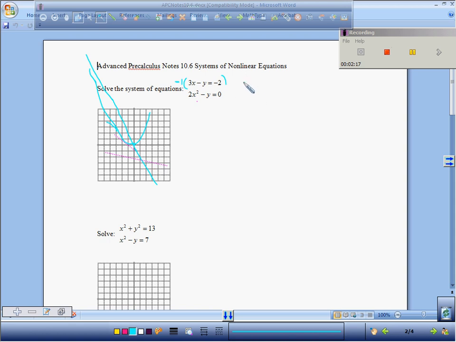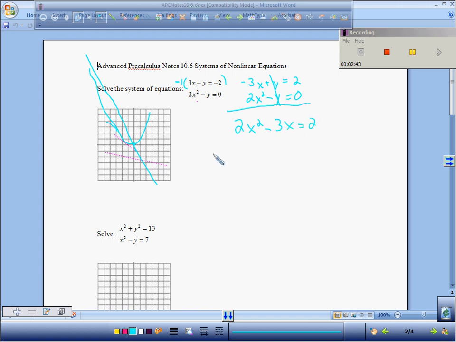But if I multiply that by negative 1, I get minus 3x plus y equals 2. Then I add that to the equation 2x squared minus y equals 0, and the y's go away. What I'm left with is 2x squared minus 3x equals 2.